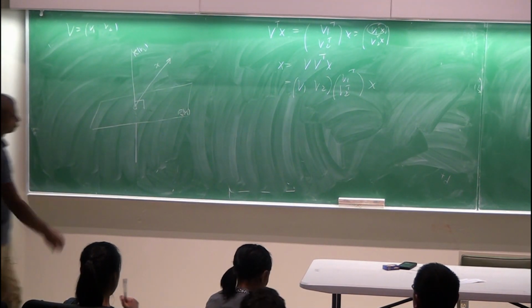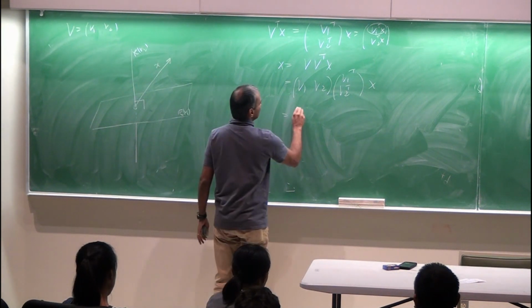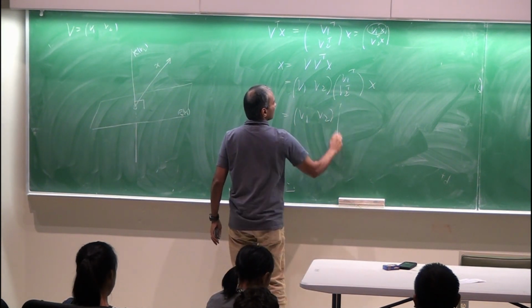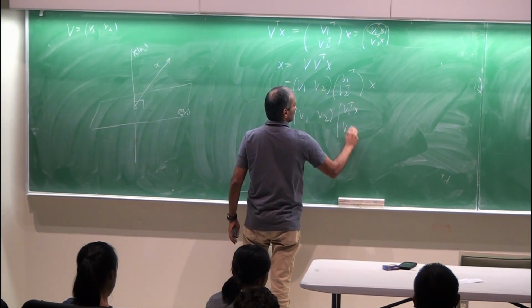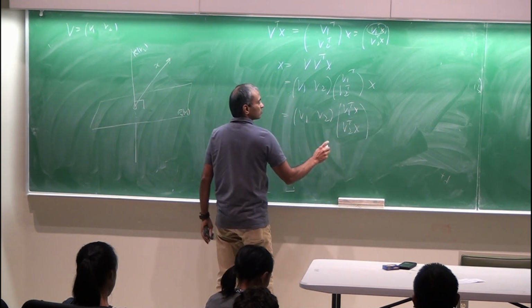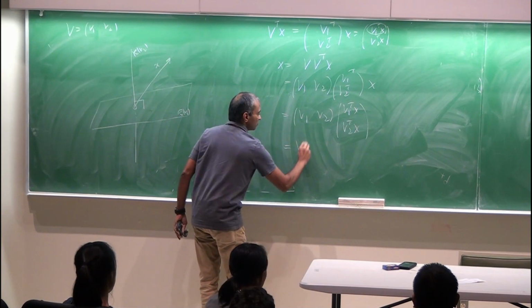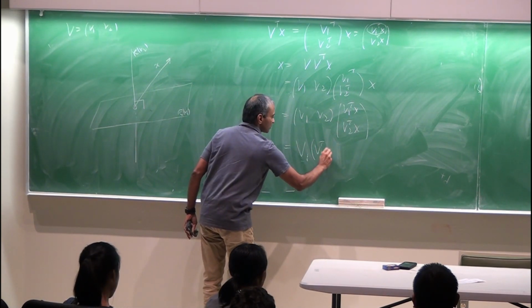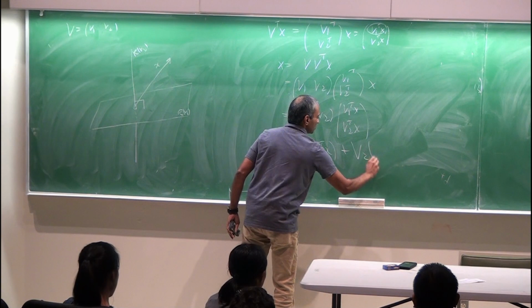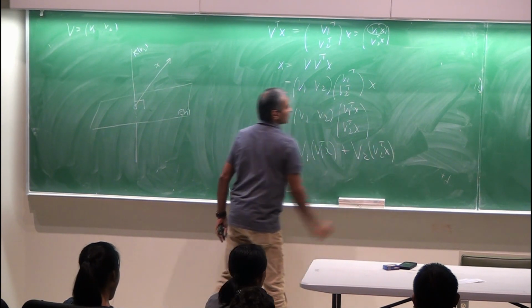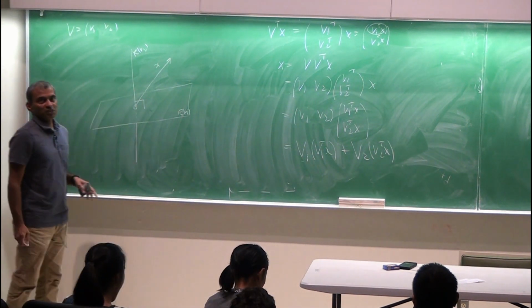Let's write it all out. If I write it like this, then I get V1, V2 times V1 transpose x, V2 transpose x. If I knew the numbers here and the numbers here, then I can multiply this. It will look like V1 times V1 transpose x plus V2 times V2 transpose x. Now we can interpret these numbers.